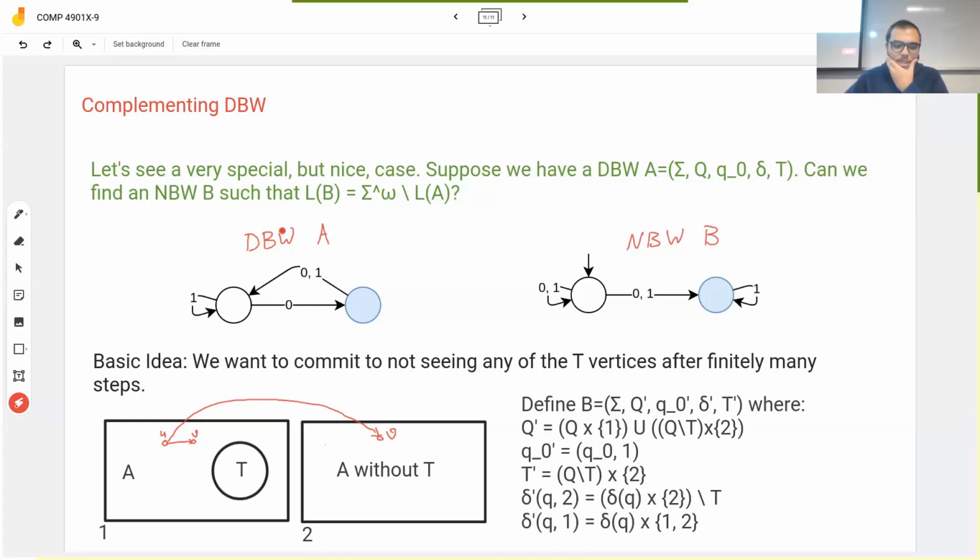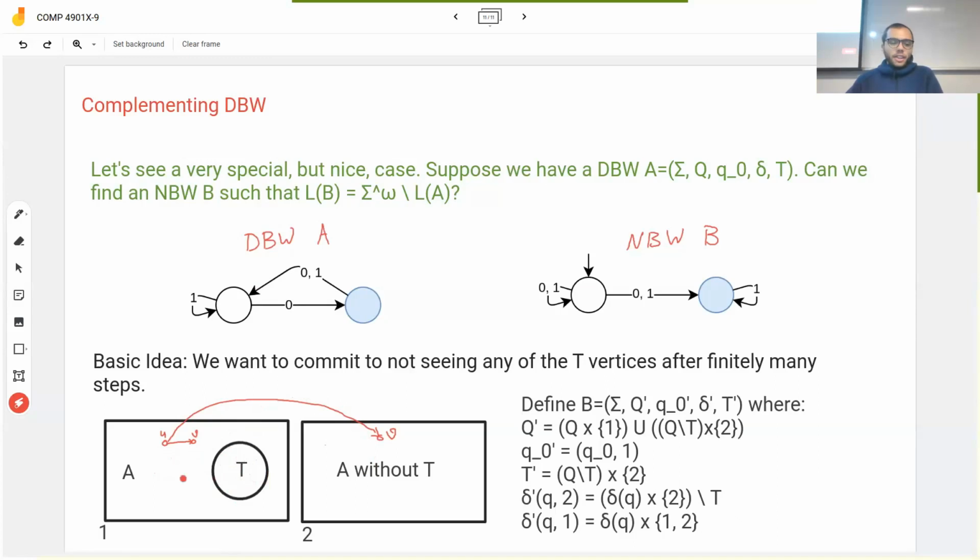But that's not enough, because even if I have one run that goes to the right-hand side and never sees T, this construction is going to accept it. On the other hand, even if I have just one run that stays in A and sees T infinitely many times, A is going to accept that. It's possible that on the same word, I have both of these runs.